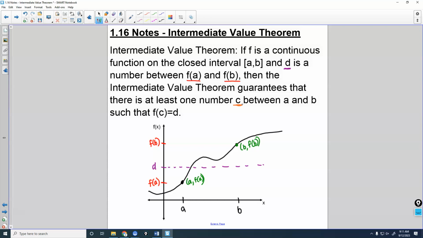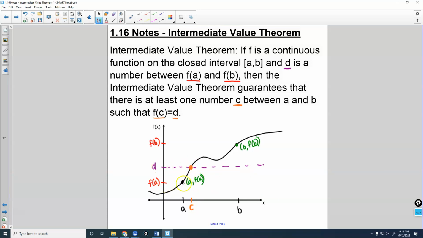It's between a and b on the x-axis, right? So c is right here for this particular drawing that I've given, because it tells us f of c has to equal that d value. So it's saying there must be some time that you cross that line right there.